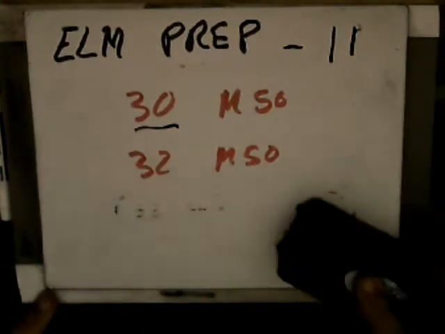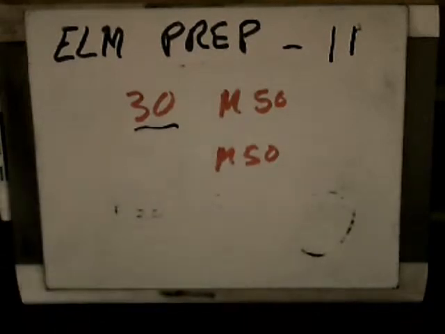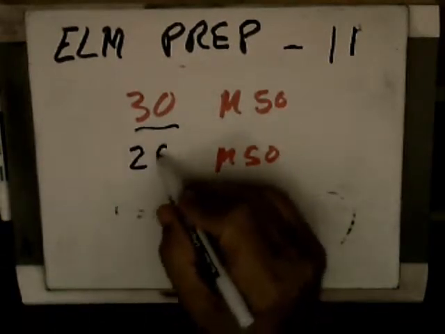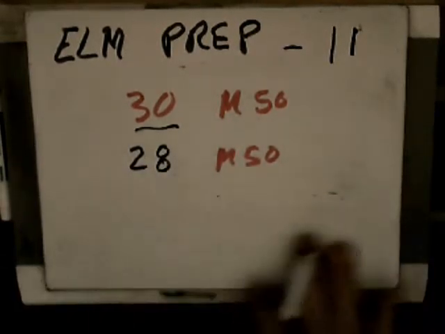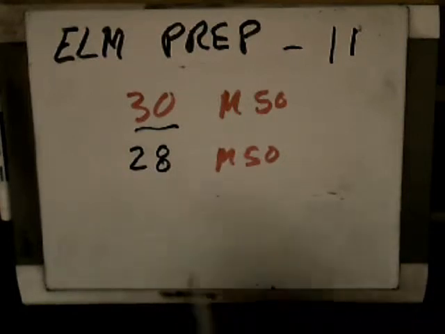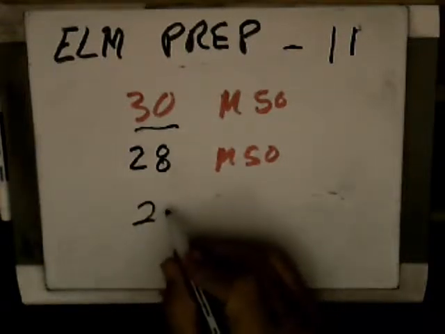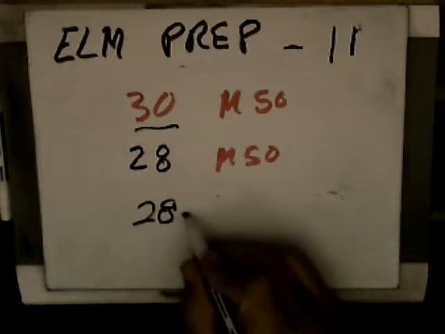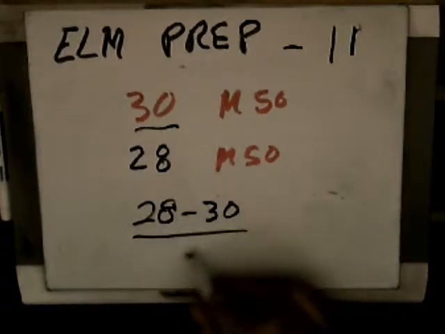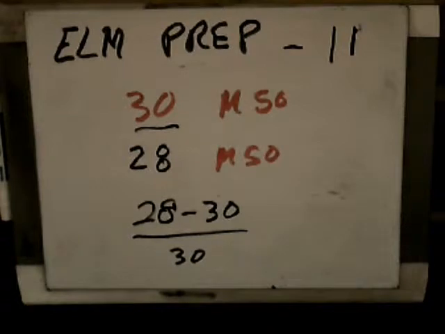Well, what if we only had 28 students this term? Obviously, we have fewer students, so we have a decrease here. Let's see what happens if we use our general formula again. We took the current amount minus the original amount all over the original.